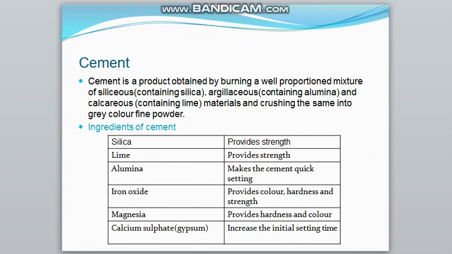Now we'll discuss one of the important materials, an artificial material, that is cement. Cement is a product obtained by burning a well proportioned mixture of siliceous, argillaceous, and calcareous materials and crushing the same into a grey colored fine powder.